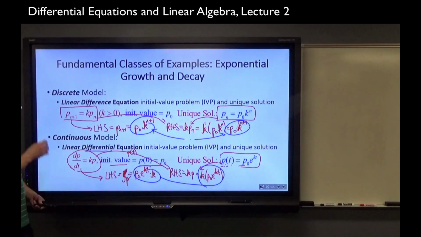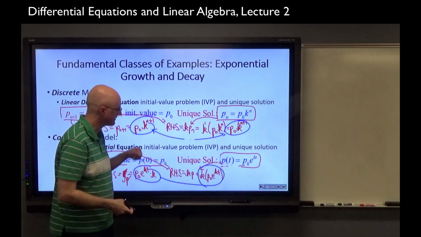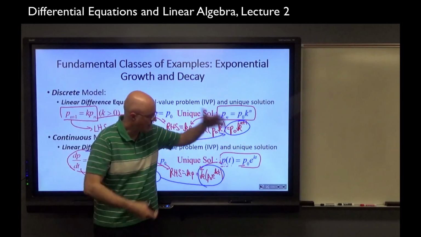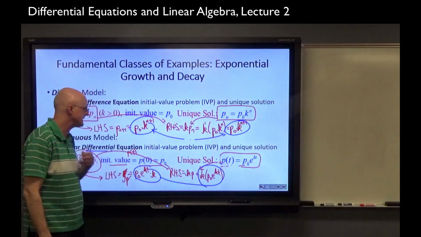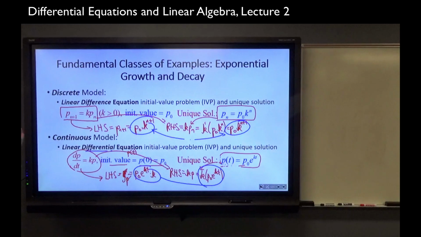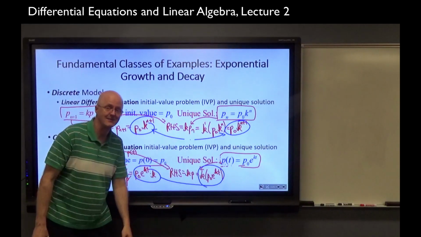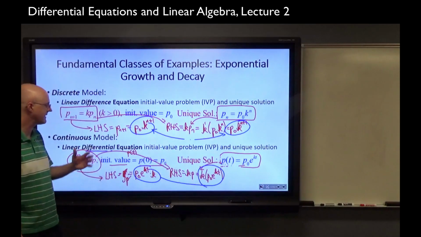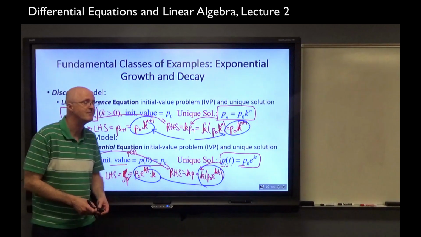That verifies this is a solution. And if I think of P0 as fixed, it's a unique solution for that fixed P0. If I think of P0 as arbitrary, then I call it a general solution, and it really would represent infinitely many solutions in that case. You pick some other function that can't be put in that form, it won't work. Try it. It won't solve the differential equation. You simplify the left and right hand sides, you will not get two things that are equal for all t.